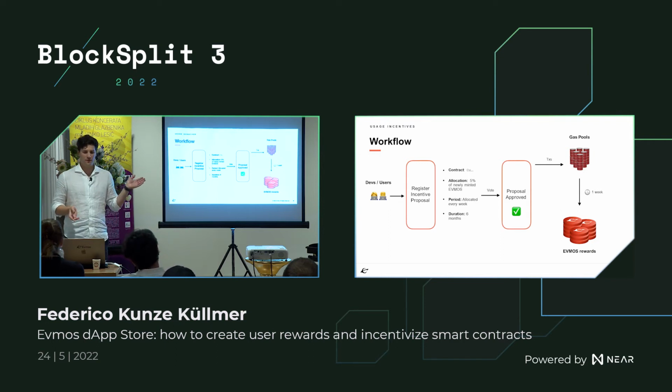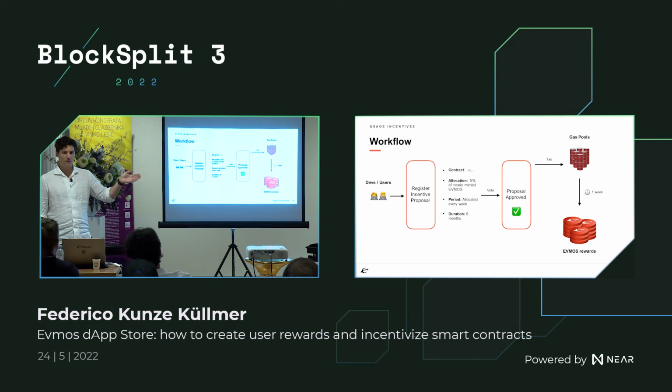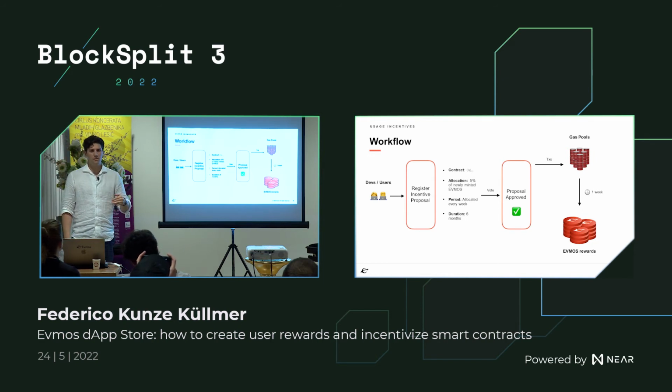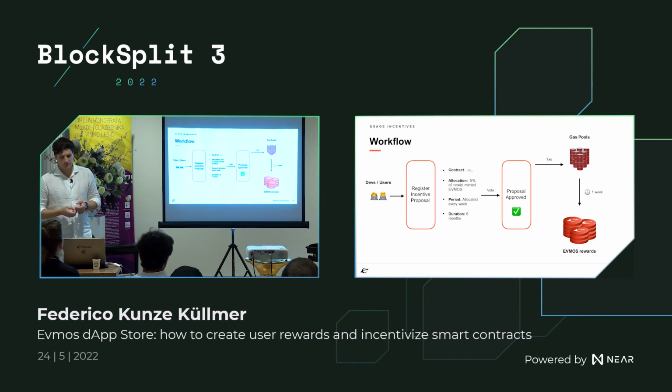For example, I want 5% of the newly minted tokens on every block to be allocated to my smart contract. Then every week they're going to be distributed to my users, and this is going to last for a duration of, say, 6 months. That is going on chain, and it's voted on by the entire community of Evmos token holders.